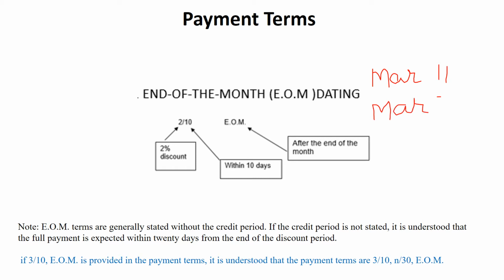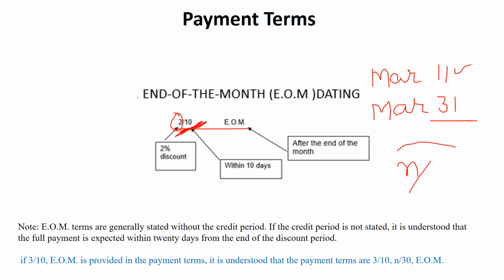So the invoice date will be considered as March 31st instead of March 11, right? Let's say we have payment terms 2/10. It means we're going to get a 2% cash discount if the payment is made within 10 days of March 31st, right?